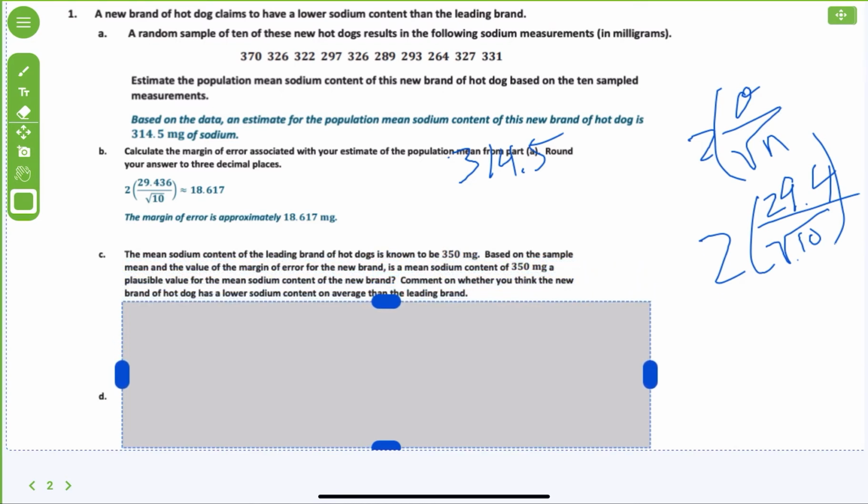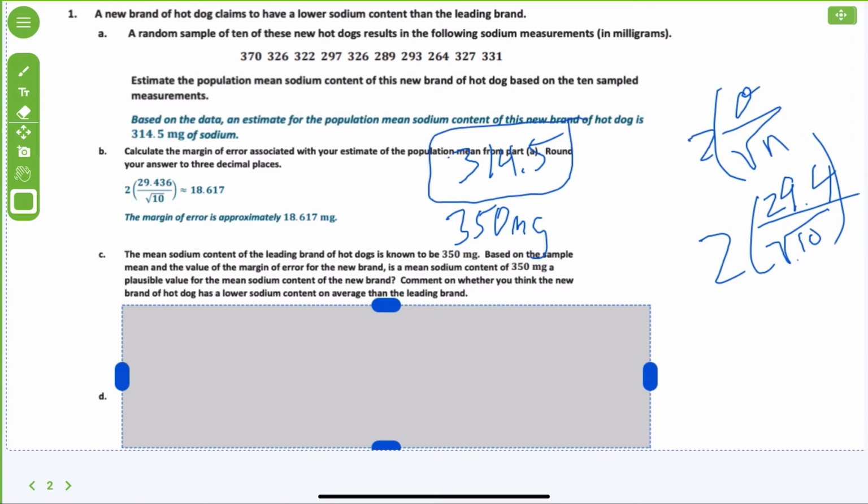C says, the mean sodium content of the leading brand of hot dog is known to be 350. Based on the sample mean and the margin of error for the new brand, is a mean sodium content of 350 milligrams a plausible value?